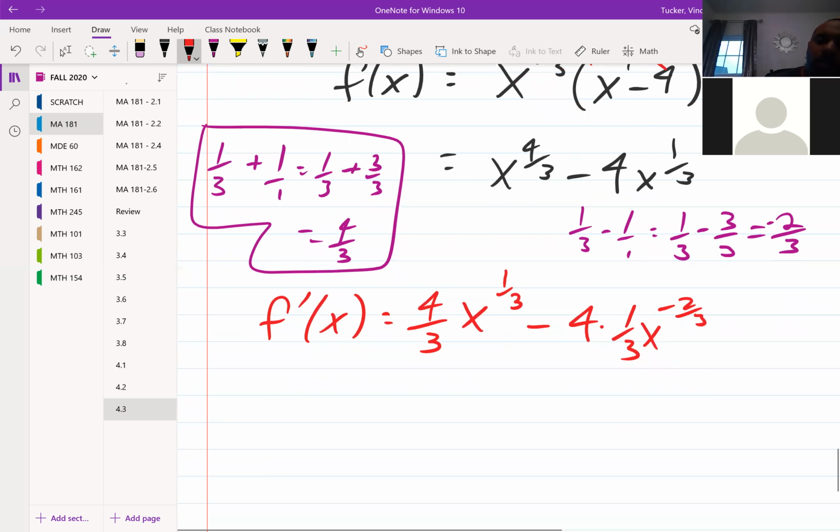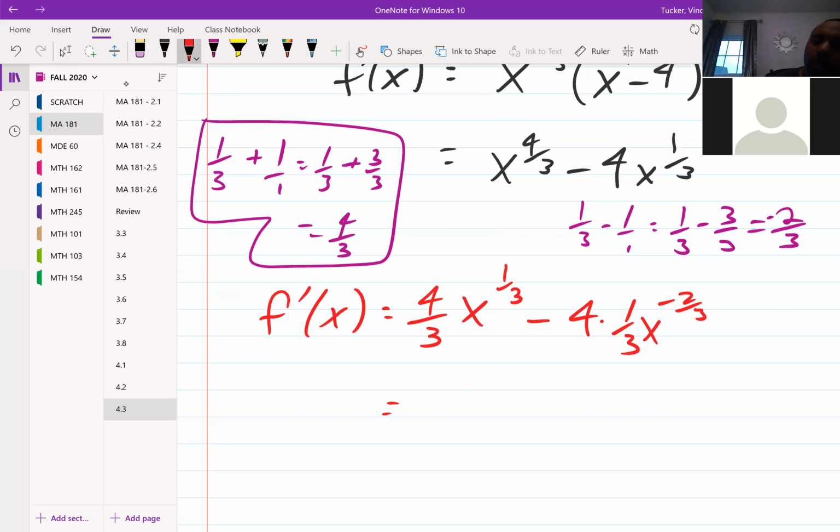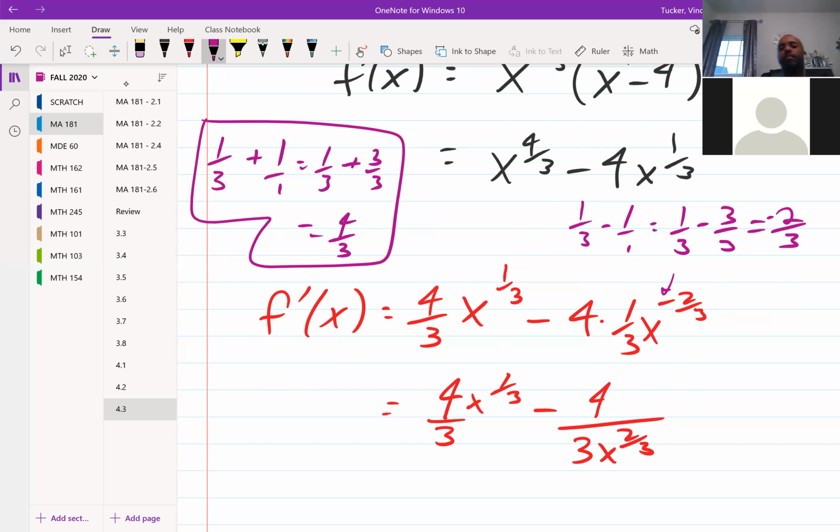All right, so they went ahead and combined this, so let's see if we can do so. You bring that negative exponent down to the bottom.